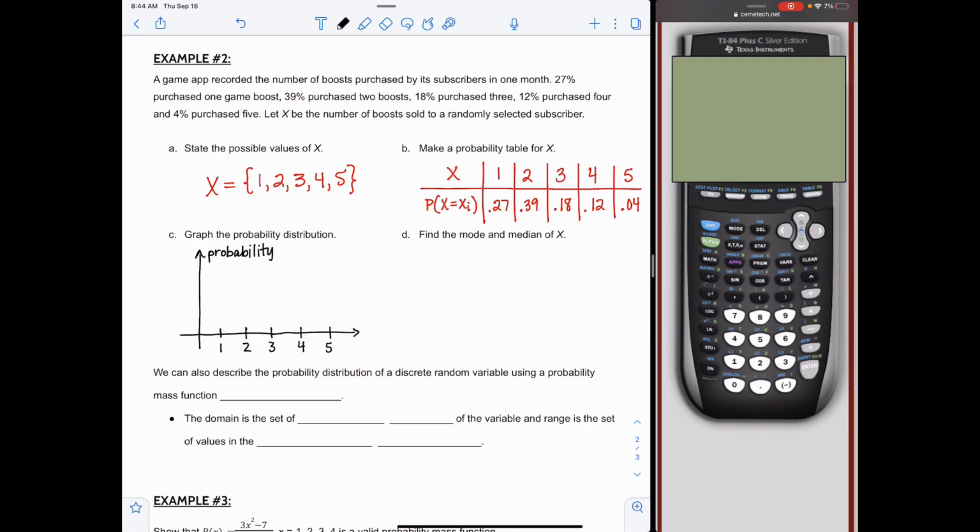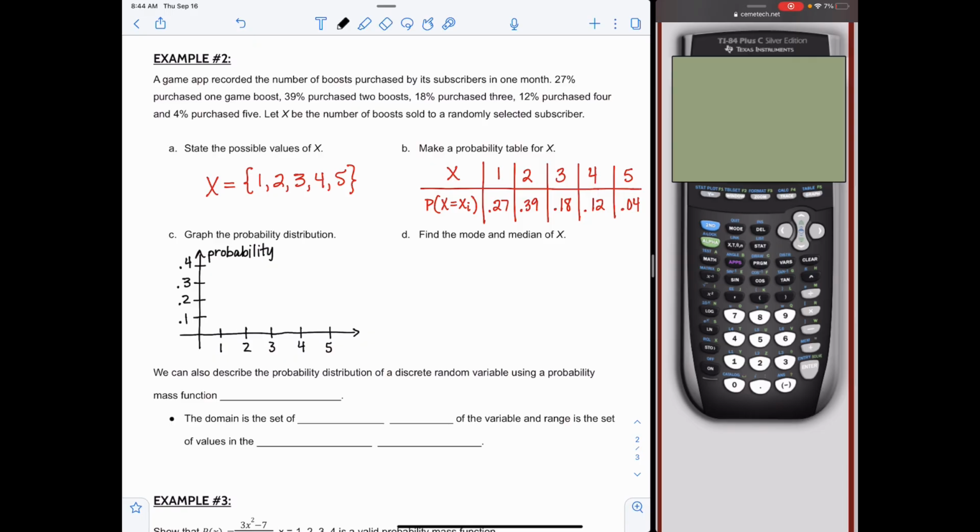So our probabilities are ranging all the way up to 0.39. So I'm going to go by tenths. So that's 0.1, 0.2, 0.3, 0.4.